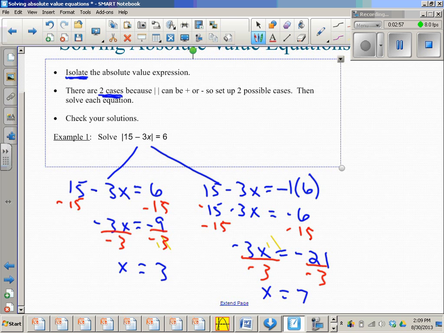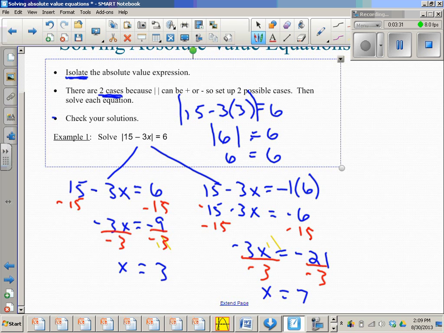We got to do our third step, check. How do we check? We need to take the two solutions we got and substitute for x. 15 subtract 3 times 3 is 6. So we have the absolute value of 6. The absolute value of 6, since we have a positive number, is just 6.